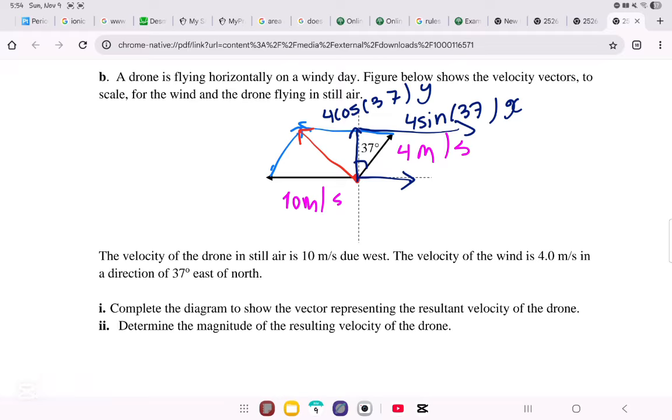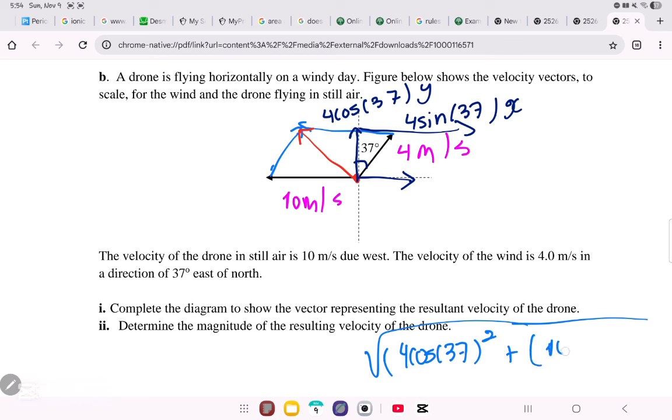So it's going to be radical 4 cosine 37 squared plus 10 minus 4 sine 37 squared.